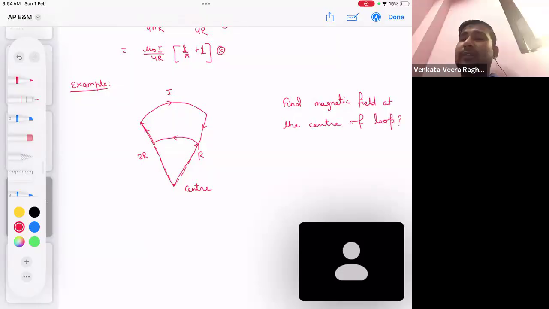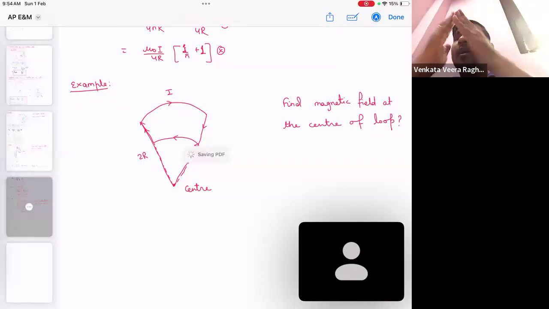Next thing we have to discuss in our class is about magnetic force. Right now we know how the magnetic field will come. So we will discuss two or three more things in this chapter, which is the magnetic field using Ampere circuital law.